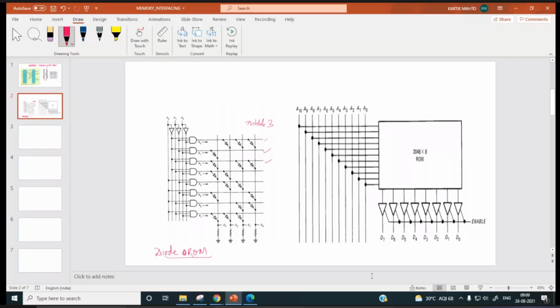Ankush, suppose I want to read the third nibble from this diode ROM. What am I supposed to do?